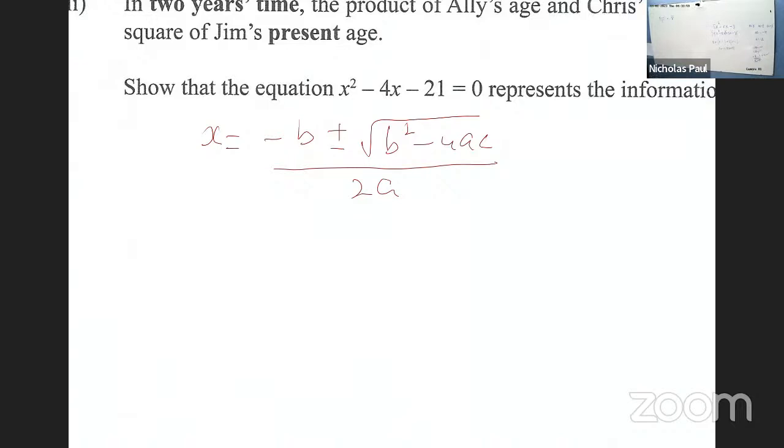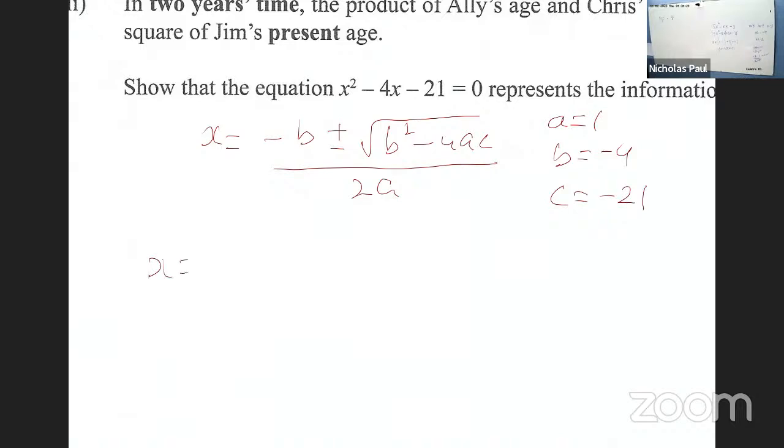Alright, ready? Let's factorize this part. Actually, some of you probably can use the formula. So let's forget all that. I am going to do two. This is the equation, right?